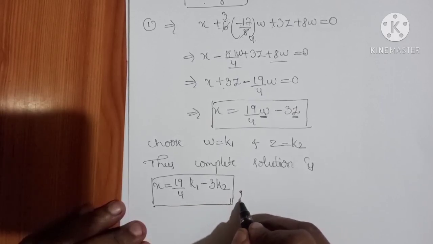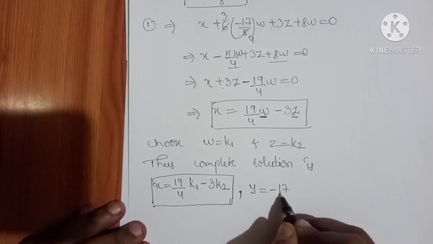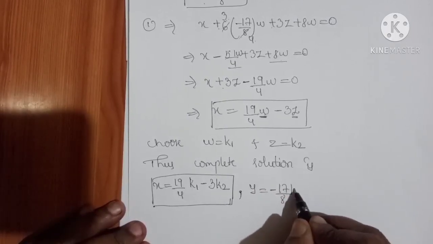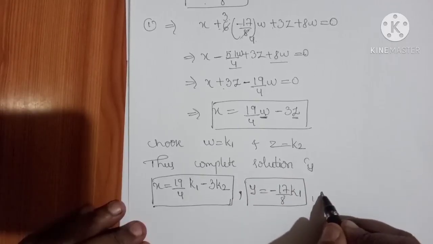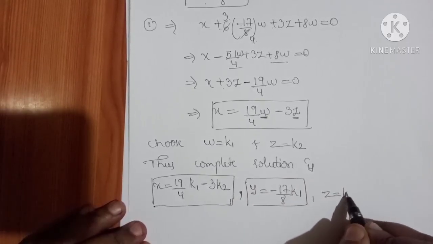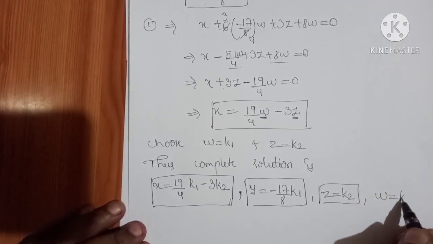Okay. Next, y equals minus 17 by 8 into omega, which is k1, and z equals k2, and omega equals k1.